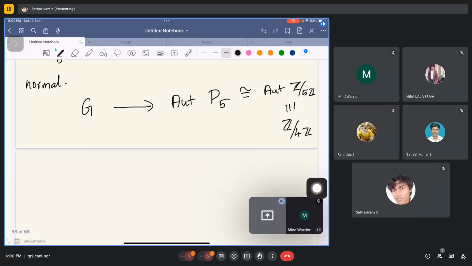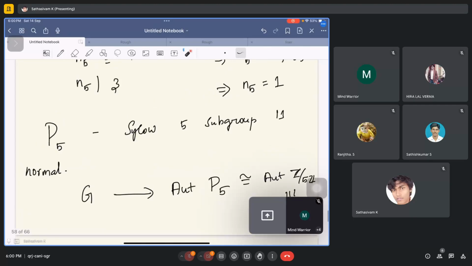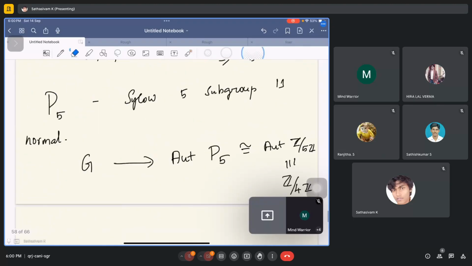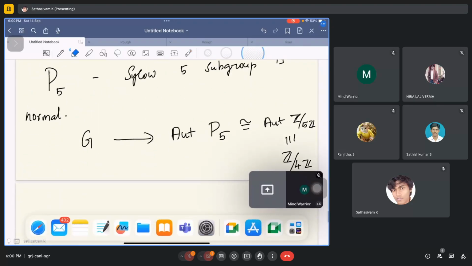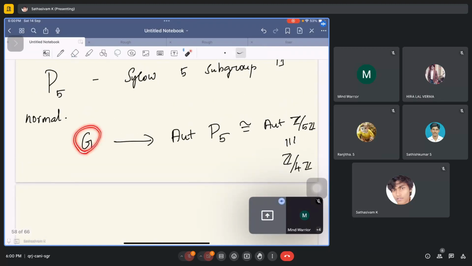Okay, just give me a minute. So here you can get a map from G, but you can get a map from any subgroup H also.